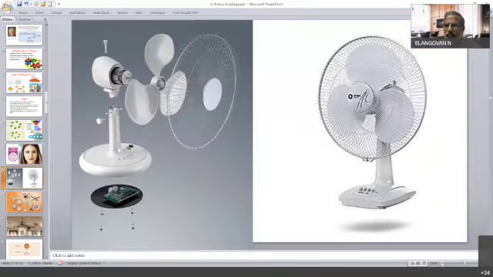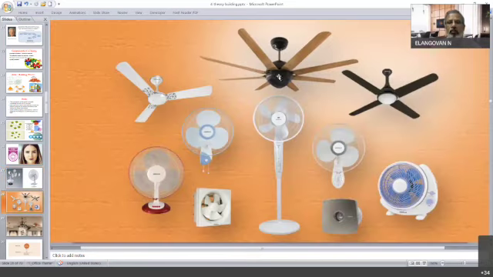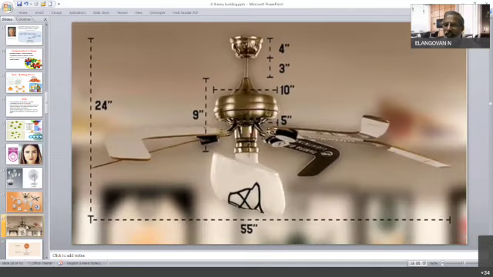See, what can I measure? Can I measure a fan? I cannot measure a fan. I can count fans. I can count how many fans are there. I can count 1, 2, 3, 4, 5, 6, 7, 8, 9, 10. 10 fans are there. I can make a count, but I cannot measure a fan. But I can measure the dimensions of a fan.